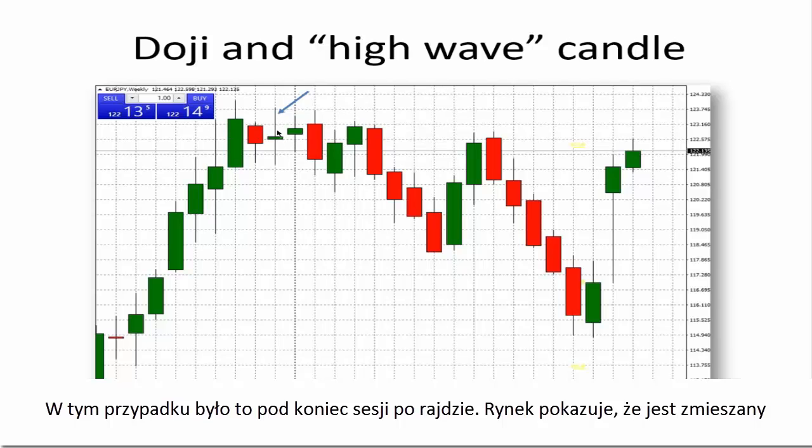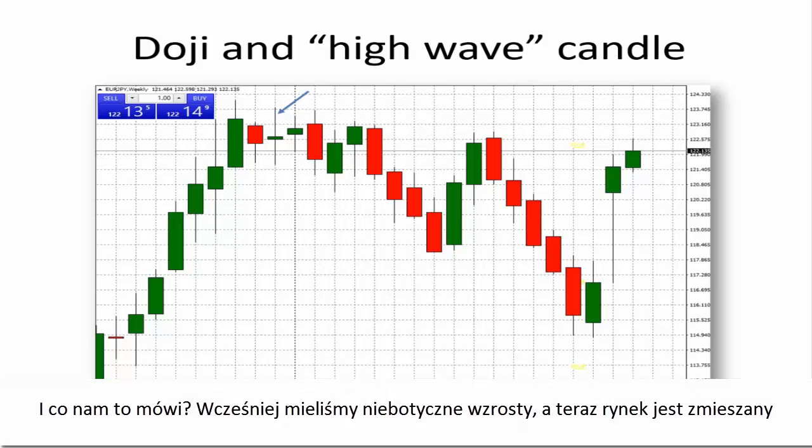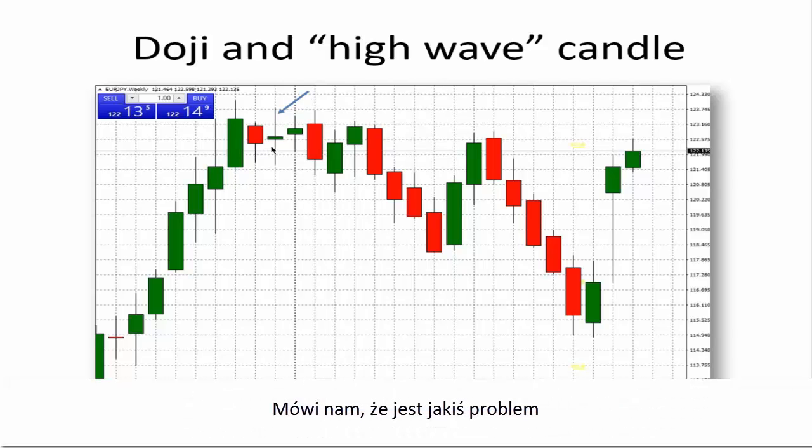So it rallies, it sells off, it sells off, it rallies. The market does not know what it wants to do. And that's a market that is confused. And what does that mean? Was the market confused during this rally where each day we had a higher high, a higher close, a higher low? Was the market confused? But here, the market is telling us it's having some problems now.